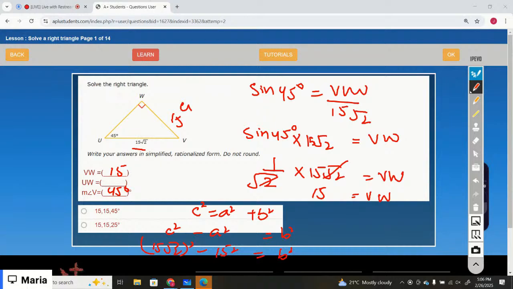So 15 times 15 is 225. 225 times 2 is 450, minus 225 equals b square. So b square is 225, and when you take the square root of both sides, b equals 15. So that means the missing side length is also 15. VW is 15, UW is 15 and the missing angle is 45 degrees. Option number 1 is the correct option. The side lengths are 15, 15 and 45 degrees.